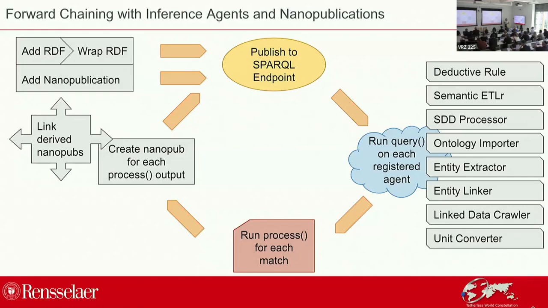And so for those of you who are familiar with reasoners, this starts looking like a forward chaining reasoner, and that's because it is. Except that your head is a Python function that produces arbitrary RDF.